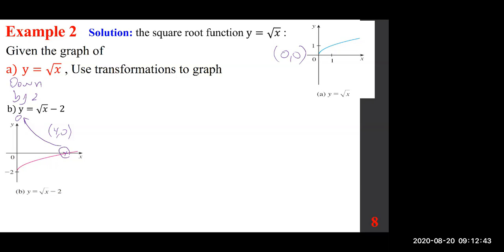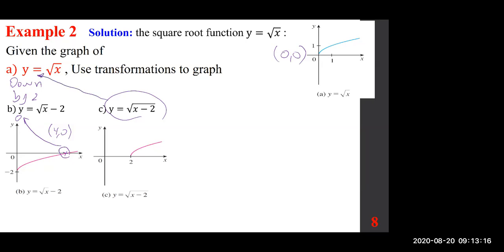If you look at the next one, now this is shifted along the x-axis, and that is 2 units to the right. So your 0, 0 is now at 2, 0, okay? And really the reason it happens, in order for square root of x minus 2 to have the same y coordinate as this one, you have to replace this x by x plus 2.